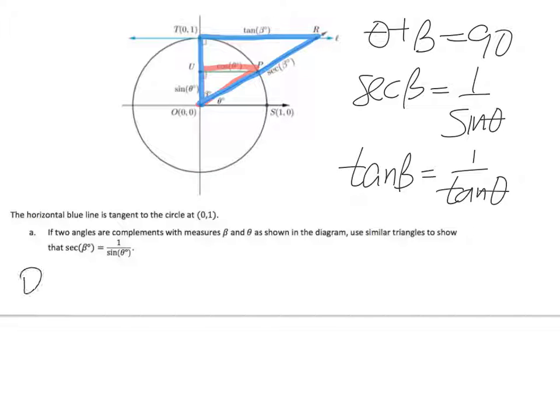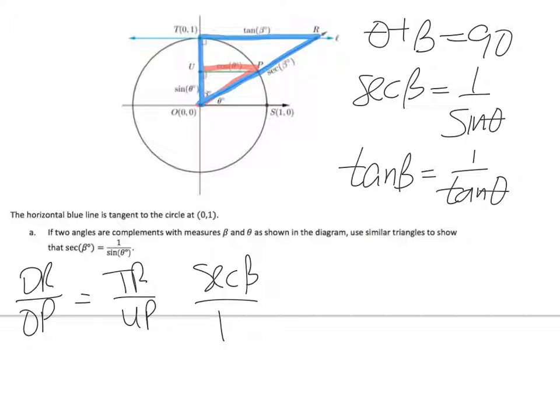I have OR over OP, blue over red, equals TR over UP. On the last slide, we assigned a few trigonometric functions to those. OR was secant beta, and OP was 1.